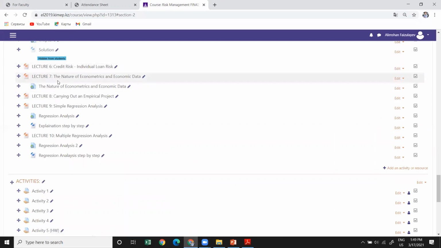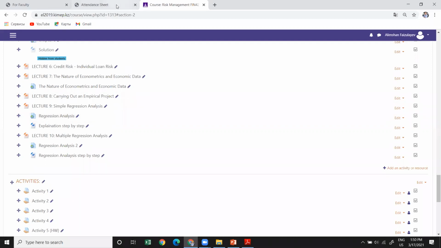Credit risk. We already started with the nature of economics and economic data. We're going to carry out the empirical project. This PowerPoint presentation will help you write your project properly. After that period, it will be based on writing your project chapters. Okay, I see.